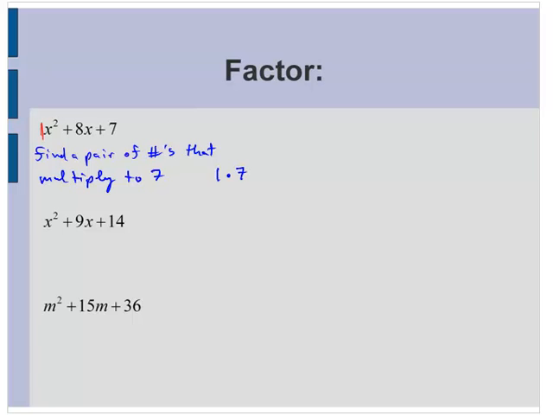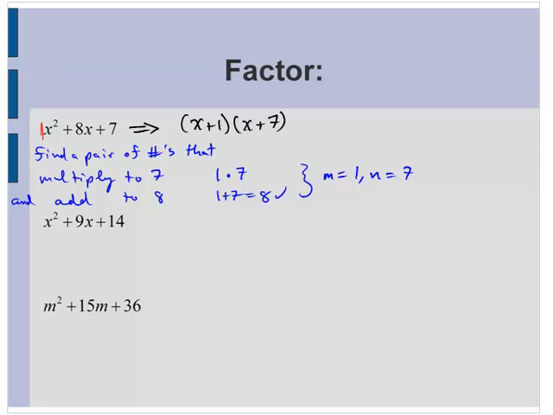Does it also add to 8? 1 plus 7 equals 8. So therefore, the numbers that we want are m equals 1 and n equals 7. And so what we can then write is that the factored form of x squared plus 8x plus 7 is x plus 1 times x plus 7. And of course we can check this by multiplying it back out.